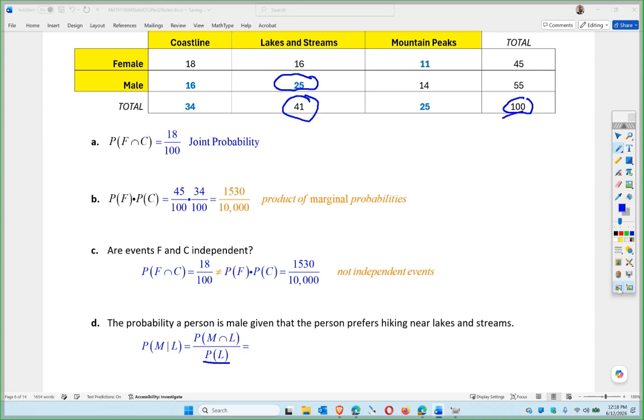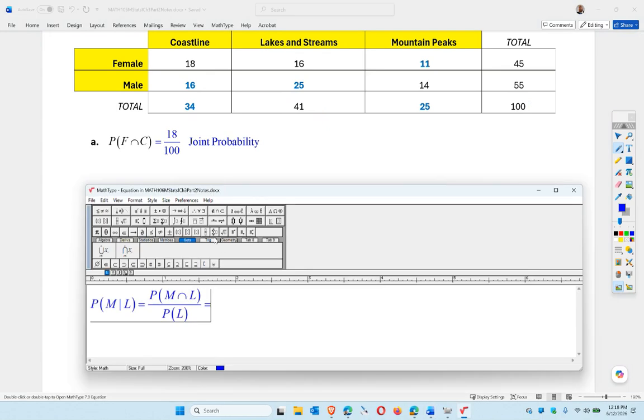So we have a ratio: the combination was 25 over 100, and the lakes was 41 out of 100. So we get 25 out of 41. So the probability of being a male, given you chose a lake vacation, is 25 out of 41.